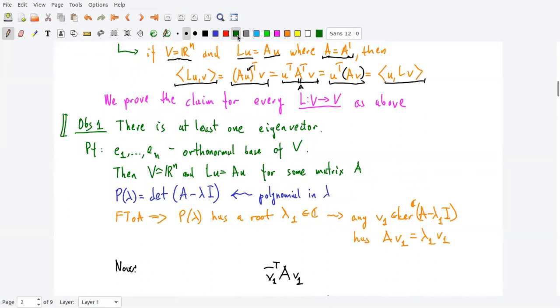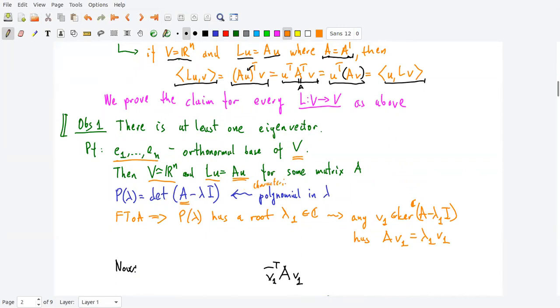Let's get more real. We have this abstract finite dimensional Hilbert space, but if I take an orthonormal basis of this vector space, then this space is isomorphic to simply R to the n, and my symmetric operator L is simply application of some matrix A. So with this matrix A, I can associate the characteristic polynomial of this matrix.